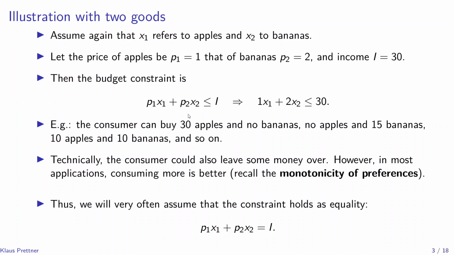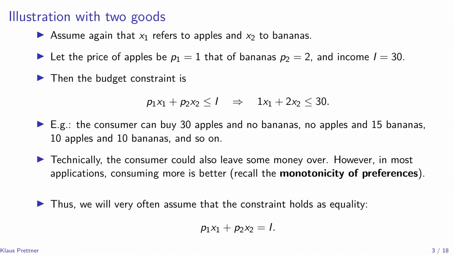Technically, the consumer could also leave some money over so that not everything is spent. But in most applications, consuming more is better, which you recall from the monotonicity of preferences. So one would not leave money on the table if you can still consume goods and this delivers additional utility. We have no dynamic situation here where you could buy additional goods in the future if you leave money over.